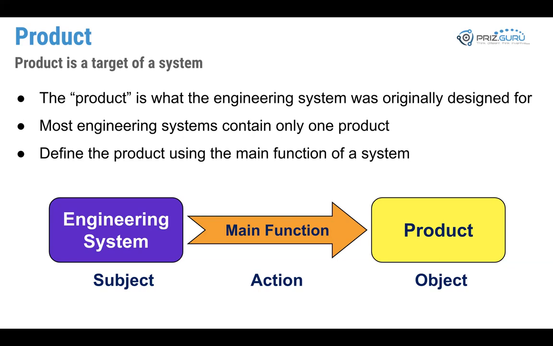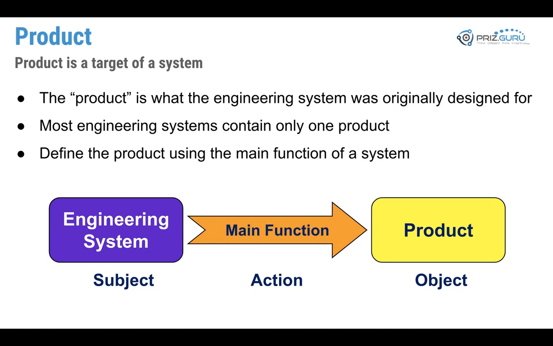We like to think about it as to move the driver, people, right? Now, how it's all done, that's a different story, but the main function of a car is to move people or things, right? So for the purpose of a car, the product becomes the human being, for example, right? Or if it's a truck, then it becomes the cargo or the goods that it's moving, and so on, right? So what the system is designed for doing.